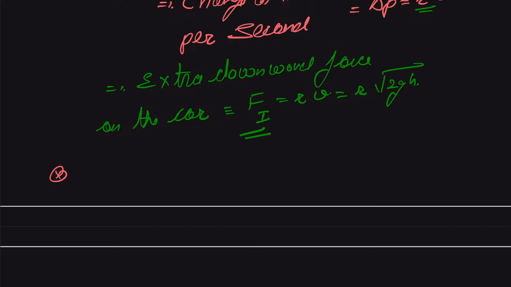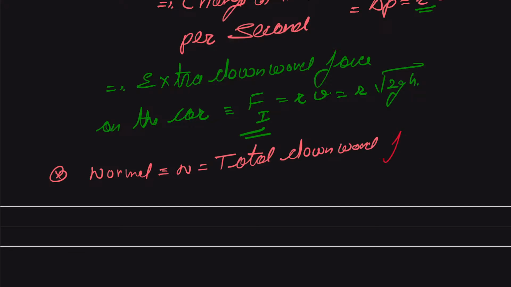So we can say that normal, which is N, will be equal to the total downward force.